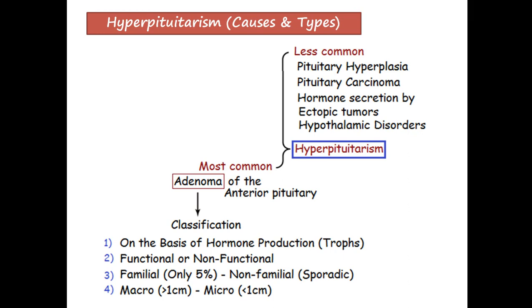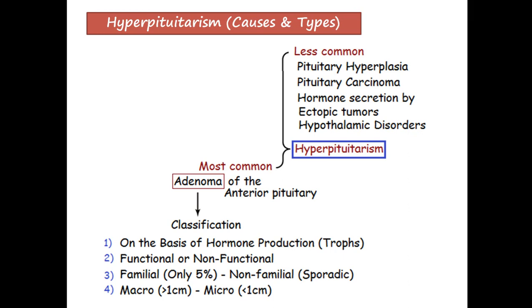But there are some less common causes also. Simple pituitary hyperplasia sometimes may cause excess release of the pituitary hormones. A malignant tumor like pituitary carcinoma may be the cause of excess hormone secretion, and sometimes tumors that develop outside the pituitary gland, somewhere in the body tissues, cause ectopic hormone secretion.